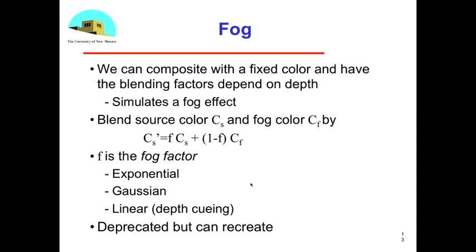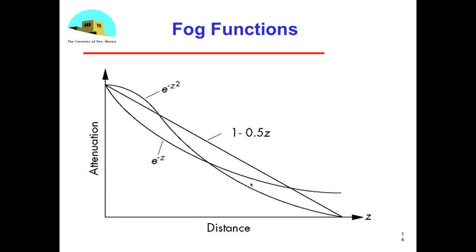Here's a little picture of the fog functions that were supported. Here's distance from the viewer and how much you attenuate the object and add in 1 minus that of the fog color. So you can get smog colors, you can get fog colors by doing this. It's easy to do yourselves without having the function that has been deprecated.